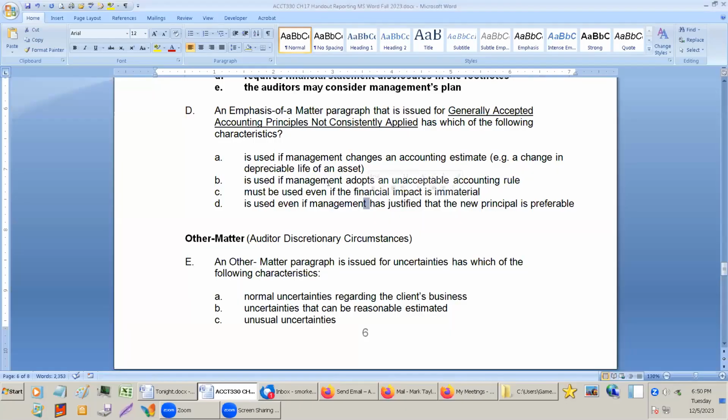So for instance, if you had straight line depreciation, you're depreciating this calculator over 5 years, you go, wait, this calculator is going to last for about 10. That's a change in estimate. You'll still be depreciating it using the same straight line method. So the principle hasn't changed, the estimate has. So we're only talking about changes in principles. It's a big distinction though that I should have made.